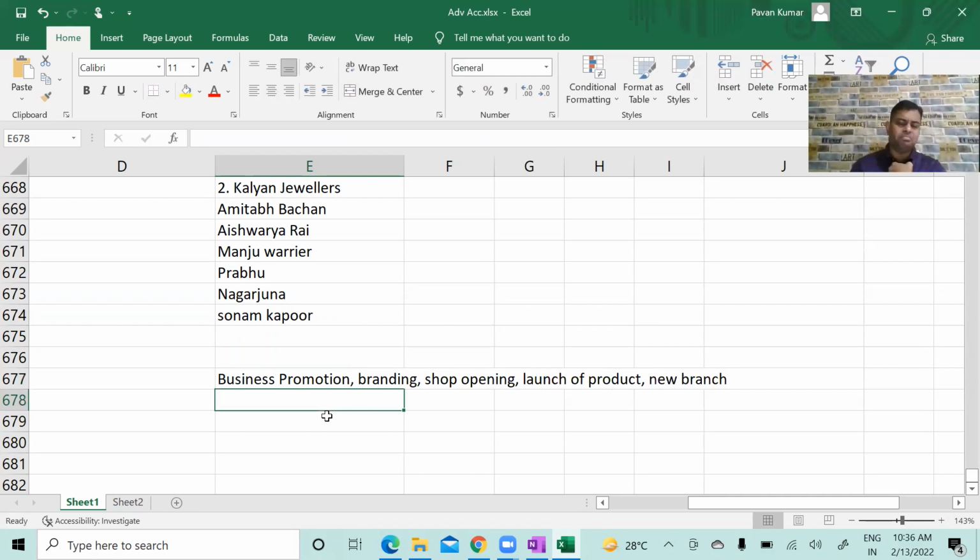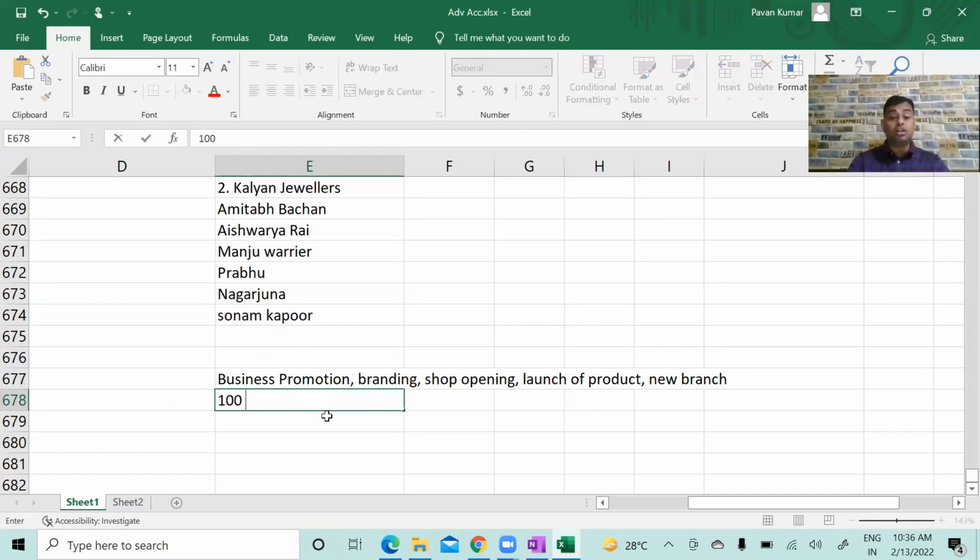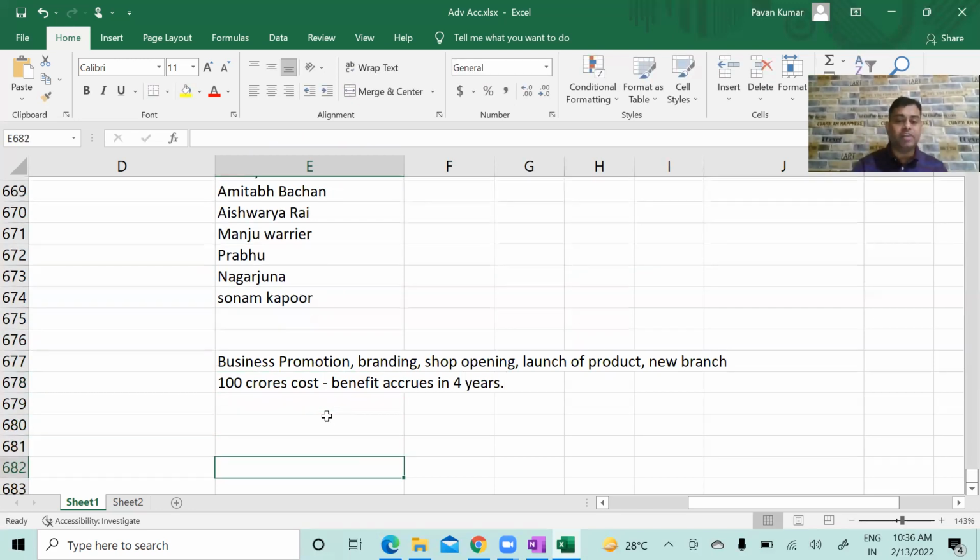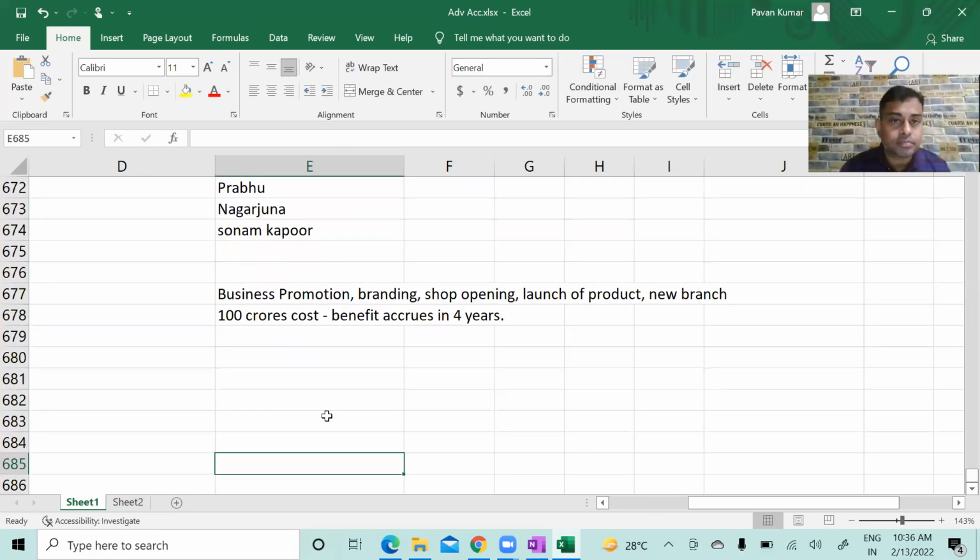So they have done huge advertisement cost. See, 100 crores cost, benefit accrues in 4 years is the management estimate. Management estimated that the benefit will accrue for 4 years.